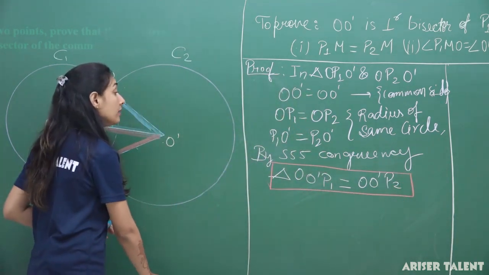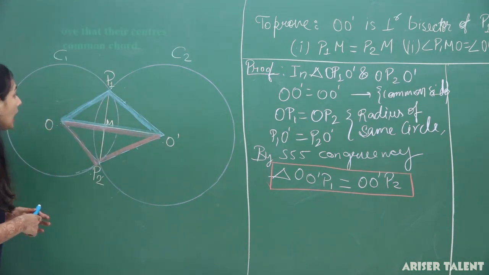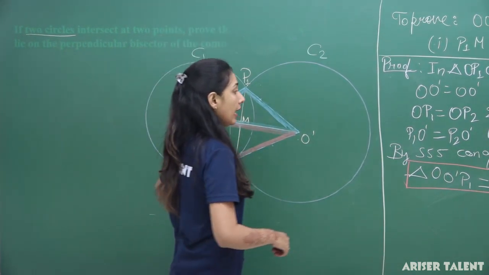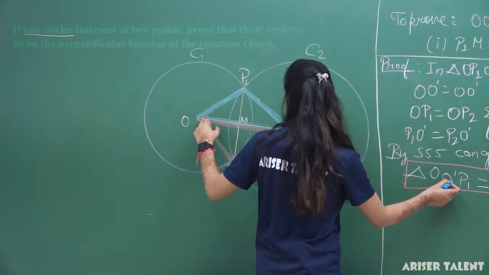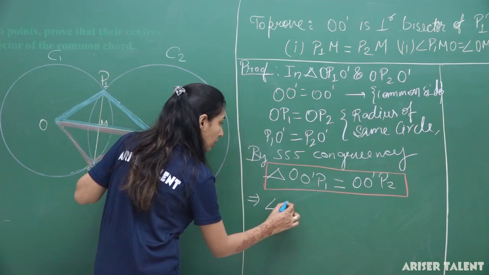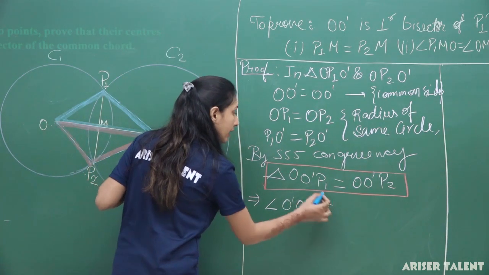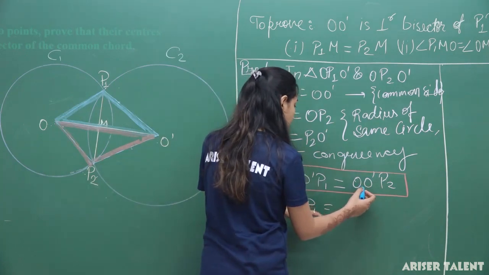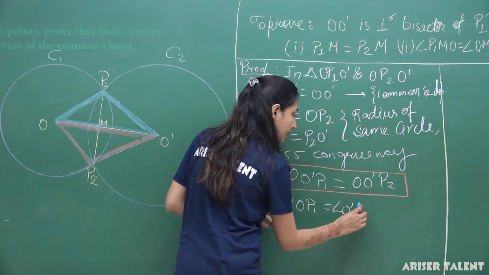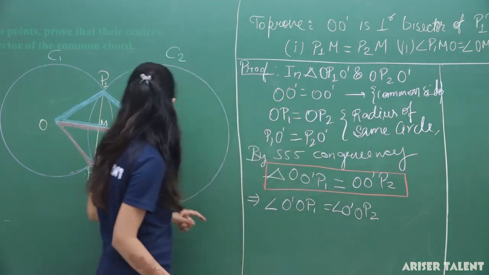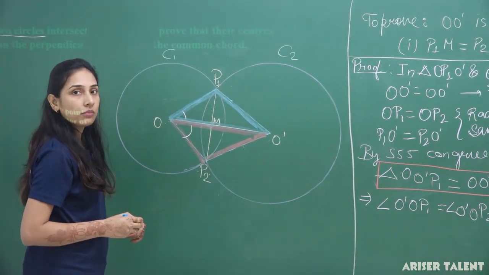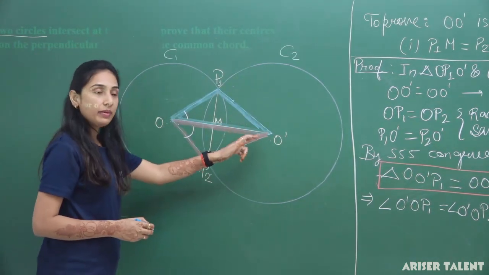What is the conclusion I am having from here? If these two triangles are congruent, then angle O'OP1 equals angle O'OP2. Not triangle, angle.